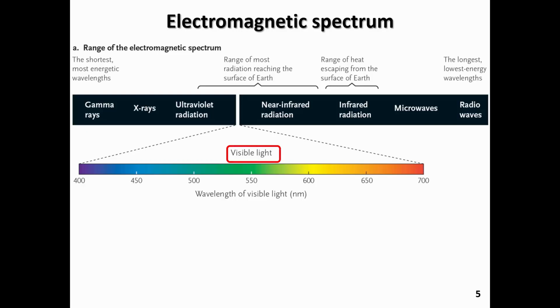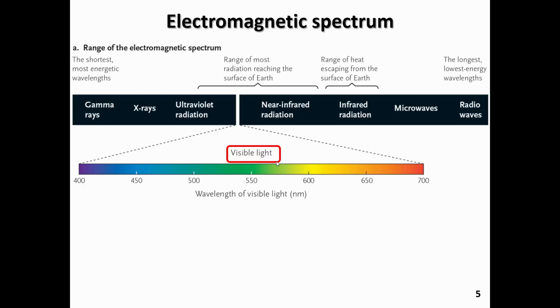So, in terms of vision, the human organism is able to detect what's called visible light. And that visible light, as you can see on this wide spectrum, is somewhere between ultraviolet and near infrared radiation, but within a very, very narrow range of this very long spectrum here.